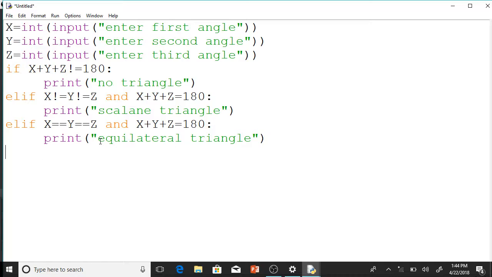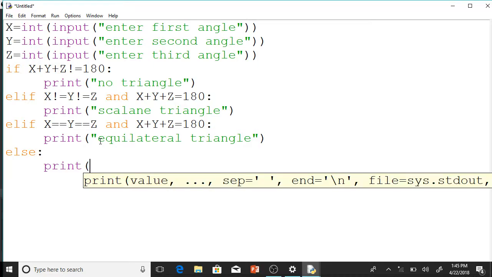And the only condition left is isosceles. Isosceles triangle. Now, no mistake, I hope.